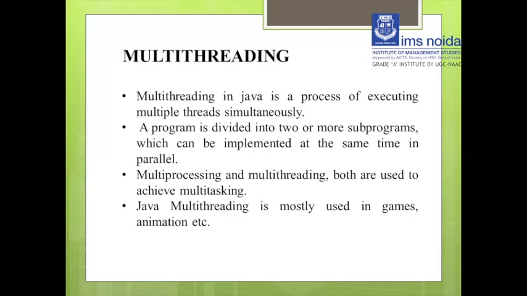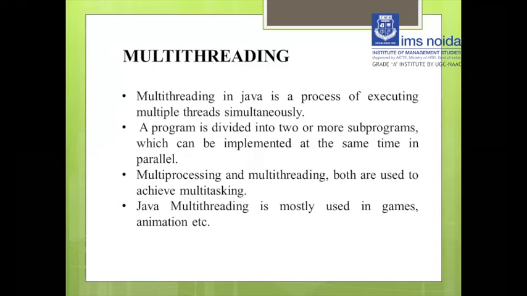Next, what is multi-threading? You can get many ideas from the word itself. Multi-threading here means there are multiple threads. In Java, it is a process of executing multiple threads simultaneously, where we can execute multiple threads concurrently.